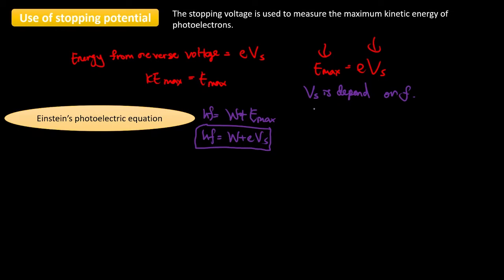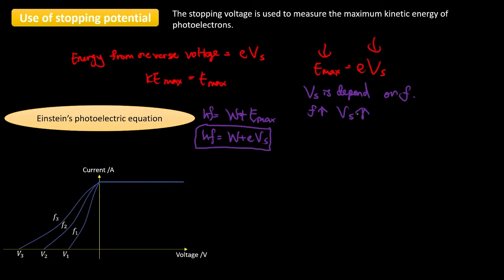When we increase the frequency, Vs will increase. So in a graph of current versus voltage, where f3 is greater than f2 and greater than f1, we will have V3 greater than V2 greater than V1. V3 is the stopping voltage for the third frequency, then this one is the stopping voltage for f2, and this one is the stopping voltage for f1. So when you have a bigger frequency, you will have a bigger stopping voltage.